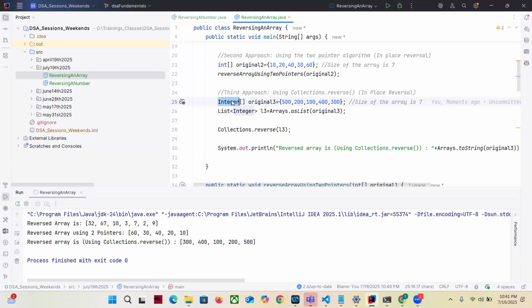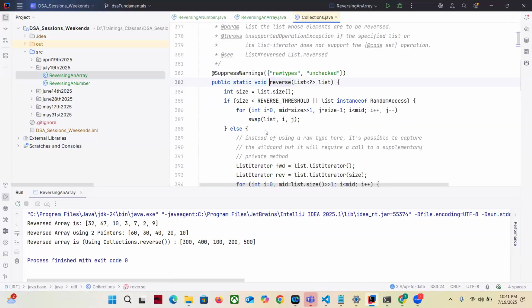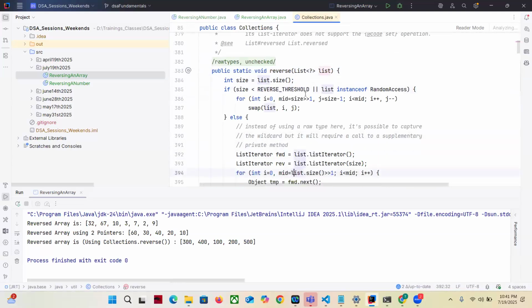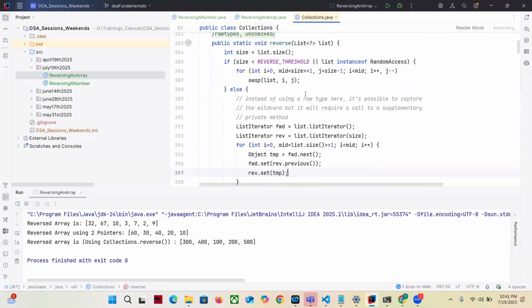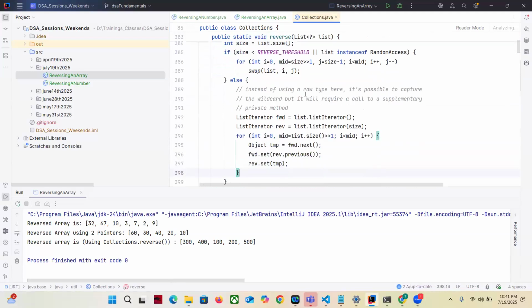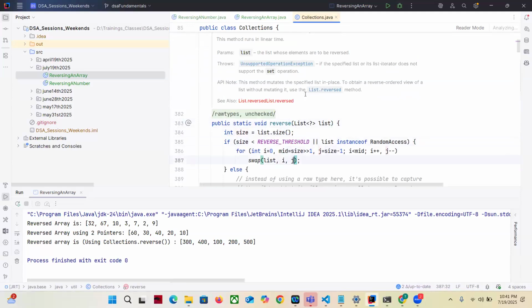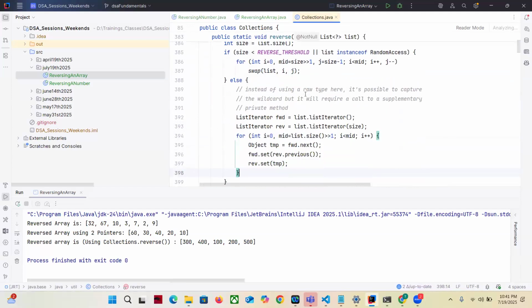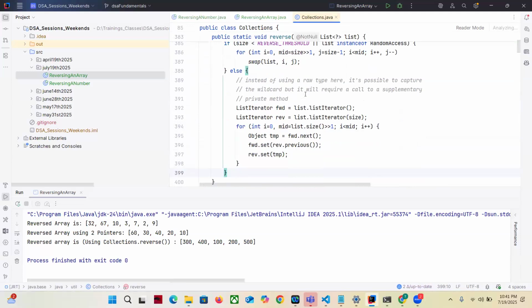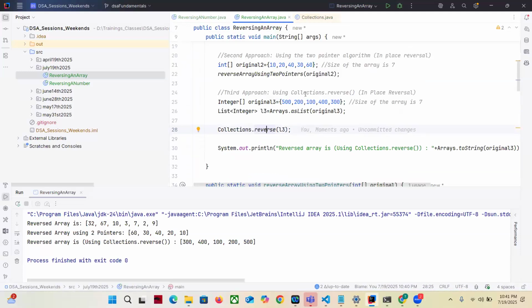But this function internally uses any of the above approaches, right, Rahul? If you can see here, we are just reversing the list. The same two-pointer concept is used here also, but the only thing is we are doing it at the collection level. So instead of you writing it, they will take care of it. We don't know the state of the interviewer.